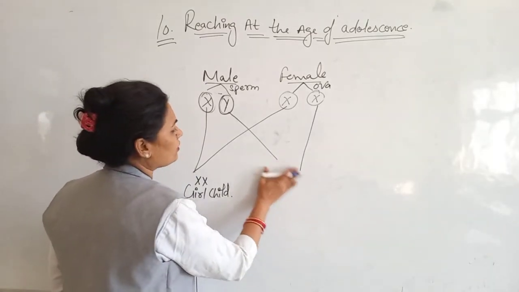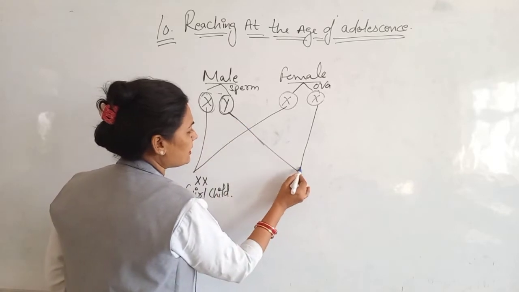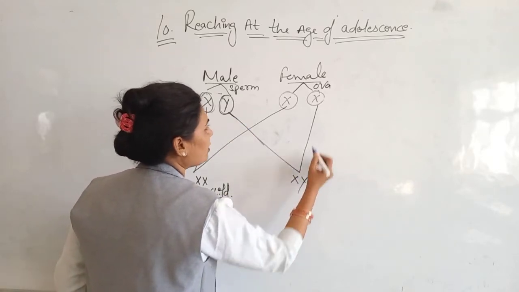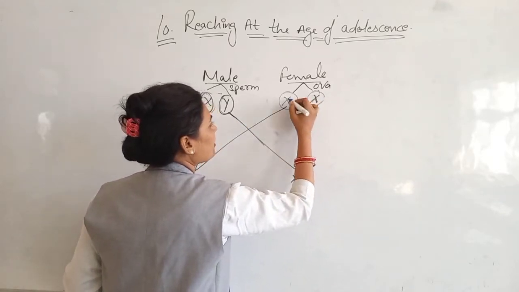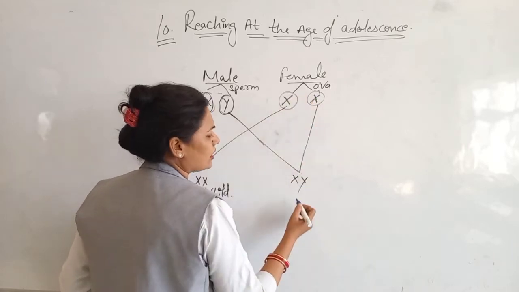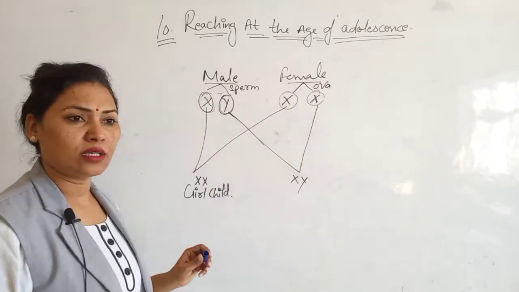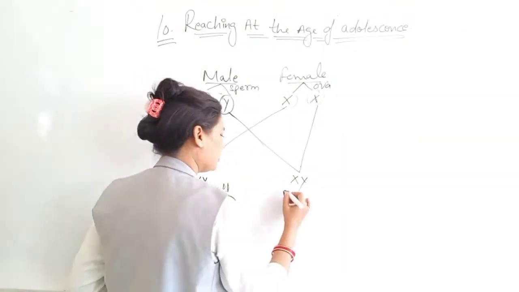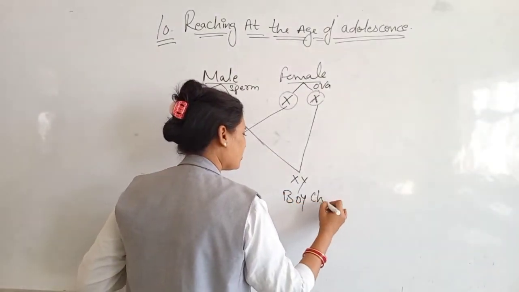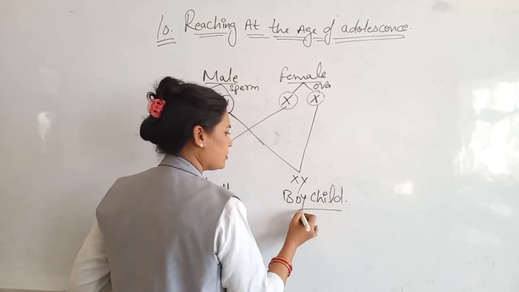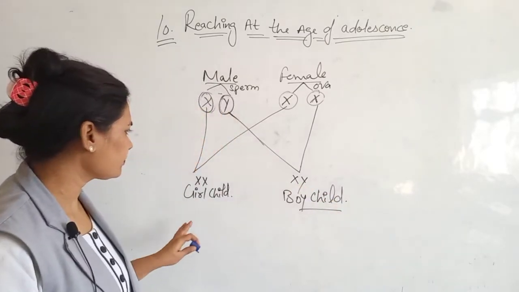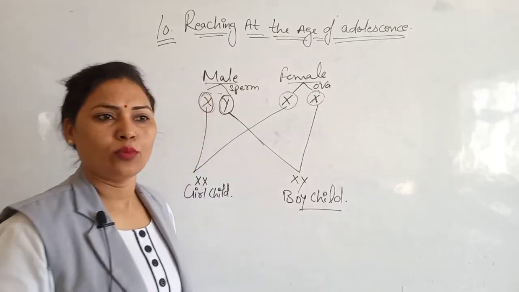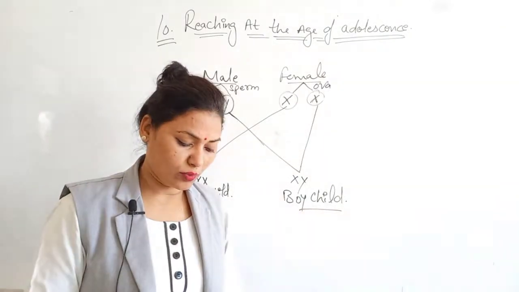It will form X and Y. Okay. X and Y, this indicates the boy. So, boy child, because it will contain both X and Y chromosomes.